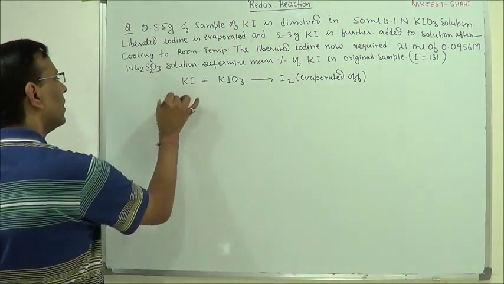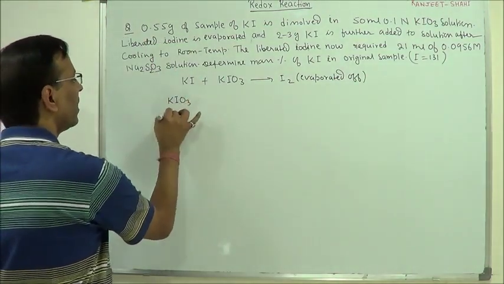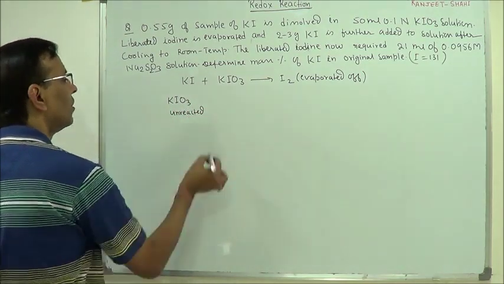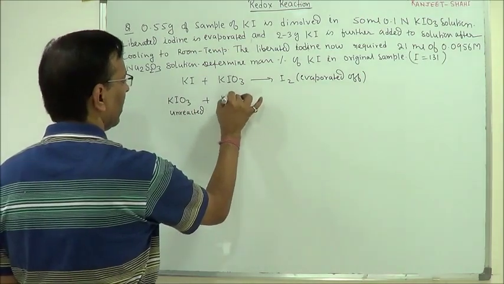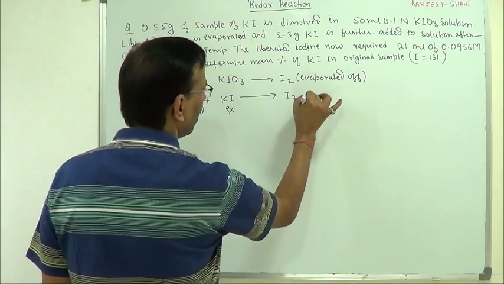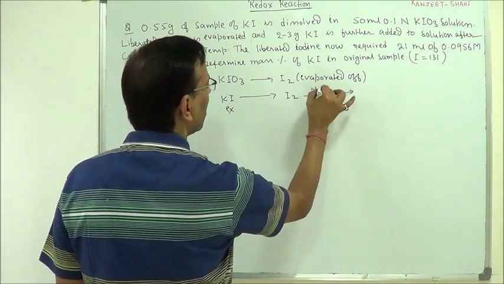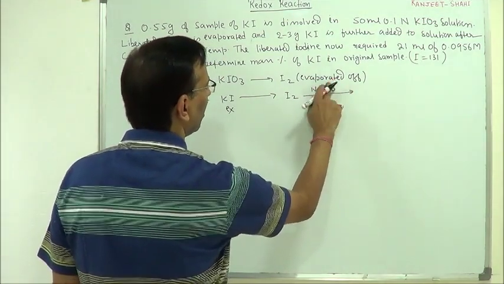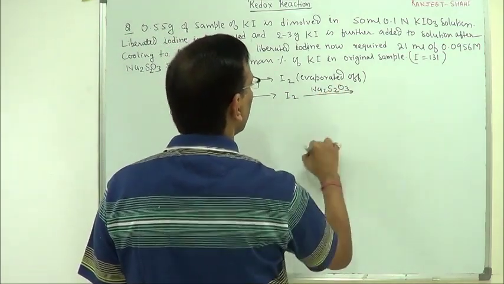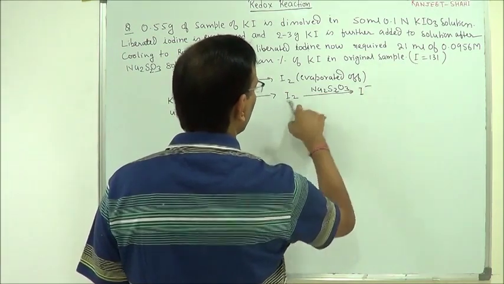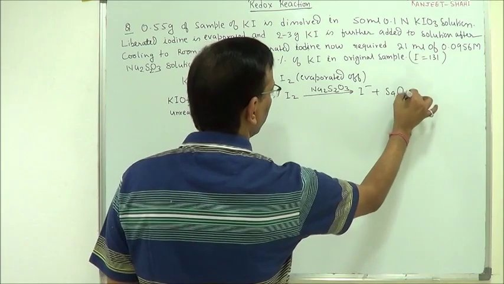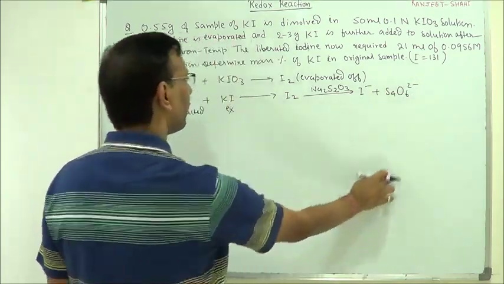Then KIO3 unreacted, KI excess, iodine, and this iodine is being titrated with Na2S2O3, where this will be again converted into I minus and S2O3 2 minus into S4O6 2 minus, that we all know.